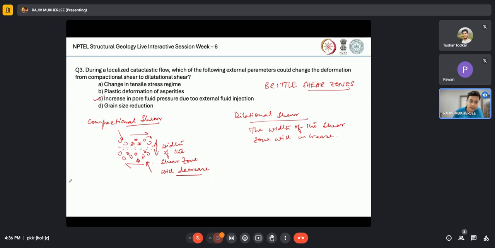So pore fluid, and another thing is that if you remember the Mohr-Coulomb criterion, tau equals cohesion plus mu times (sigma minus pore pressure).